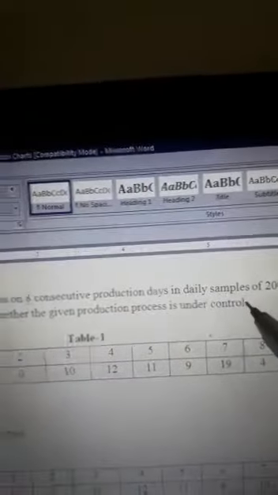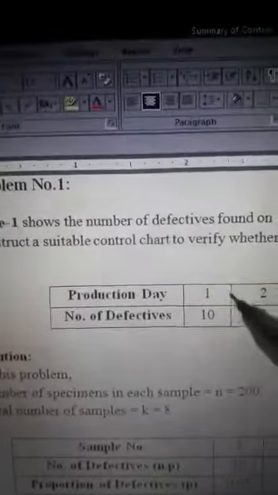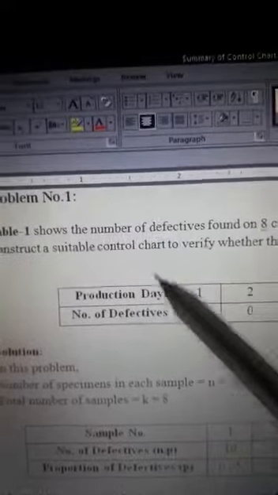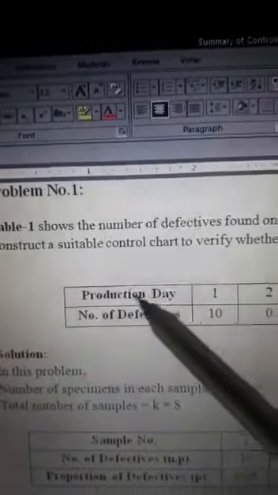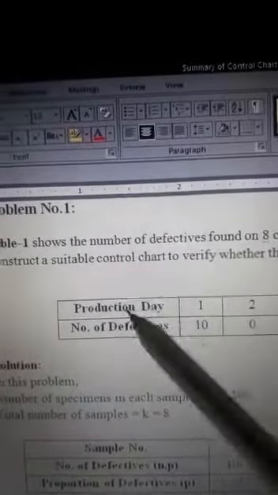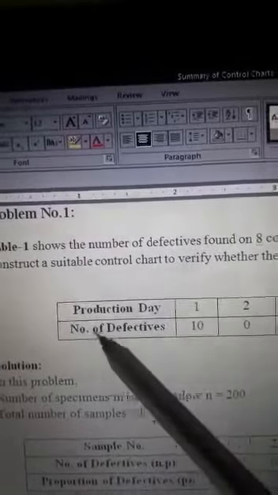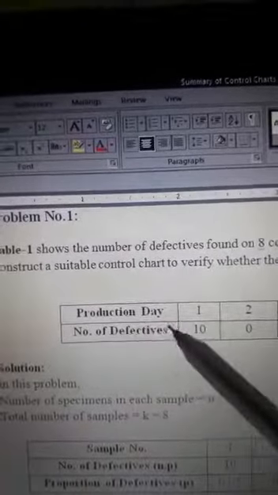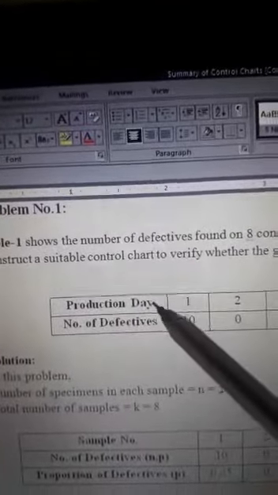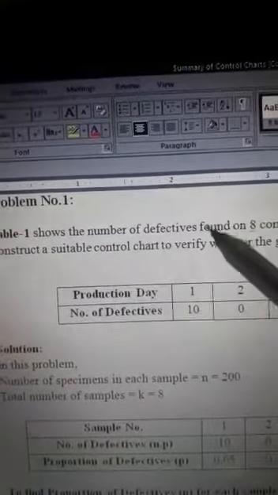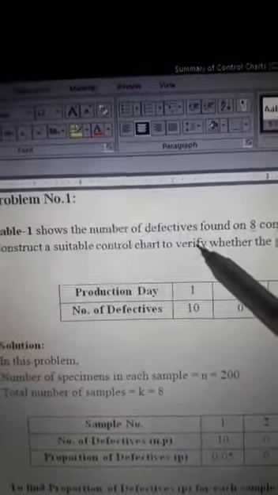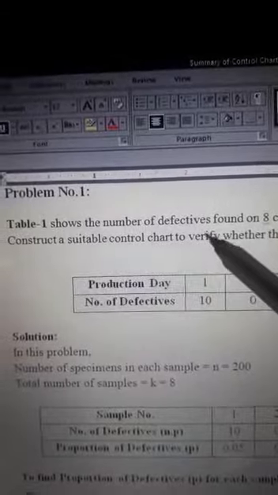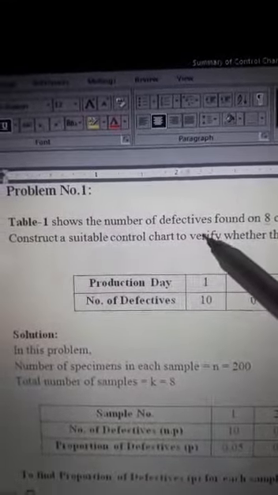Now, basically, the data provided to you is like this. The name of the first row is production day, and the name of the second row is number of defectives. Production day means nothing but sample number, because in the question they have mentioned that daily samples have been collected. That means each day one sample has been collected.